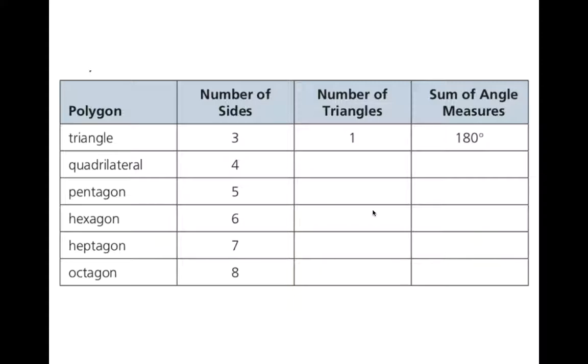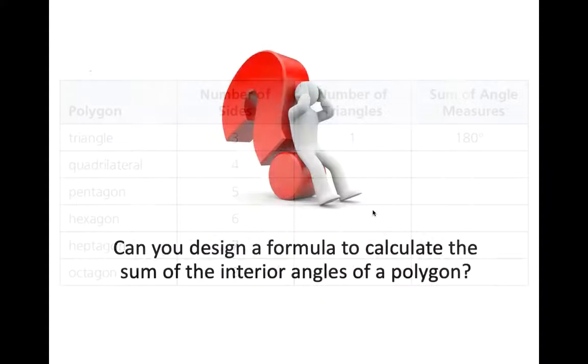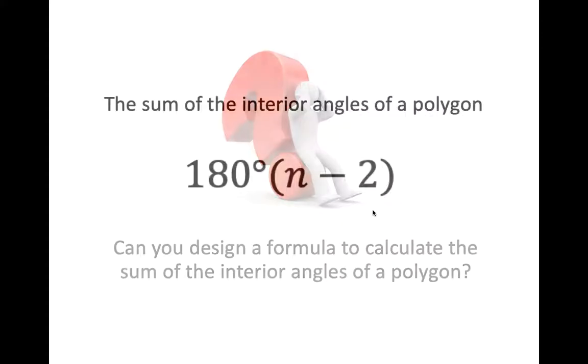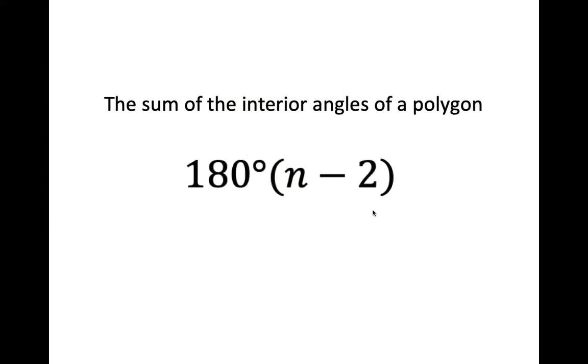And that allowed us to find the sum of our angle measures pretty easily. Now, putting that all together, we can actually come up with a formula that will do this work for us. The sum of the interior angles of a polygon is equal to 180 times n, n being the number of sides of the polygon, minus 2.